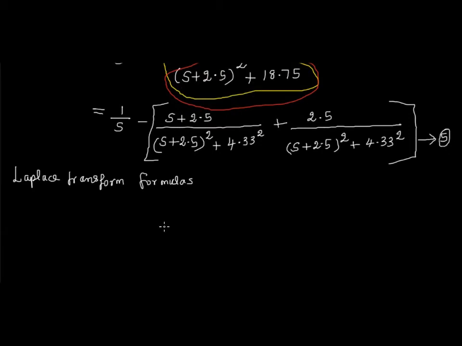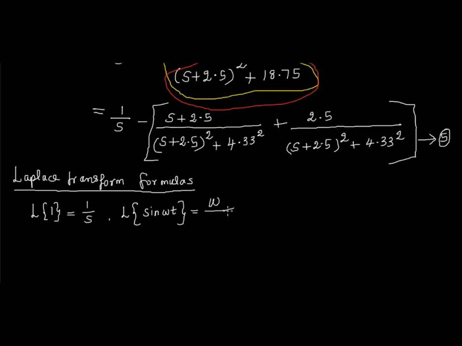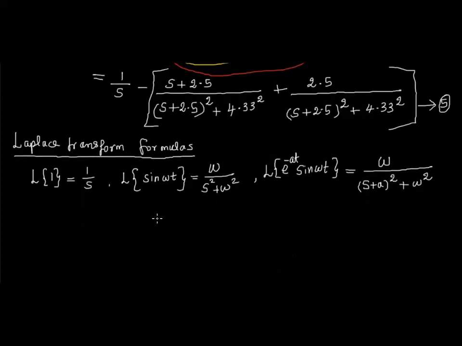So first let us see the formulas we are going to use here to take the inverse Laplace transform. The Laplace transform of 1 is 1 by s. The Laplace transform of sin omega t is omega divided by s square plus omega square. Laplace transform of e power minus at into sin omega t is omega divided by (s plus a) the whole square plus omega square.